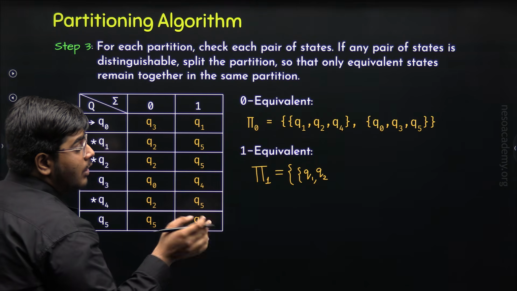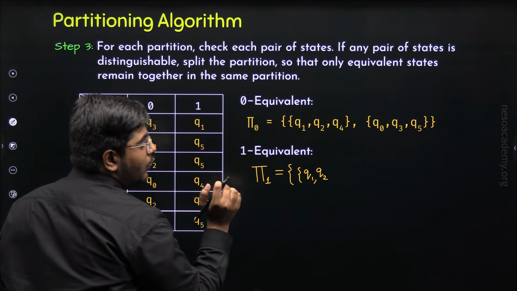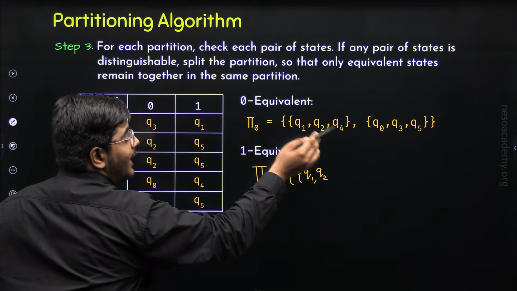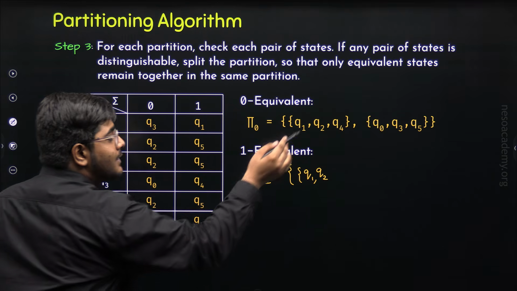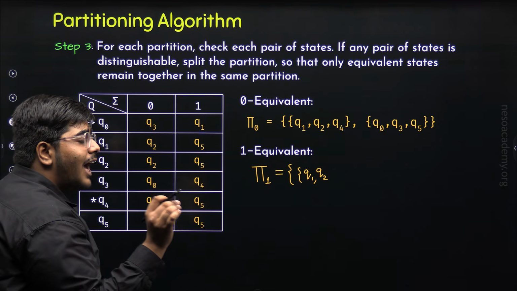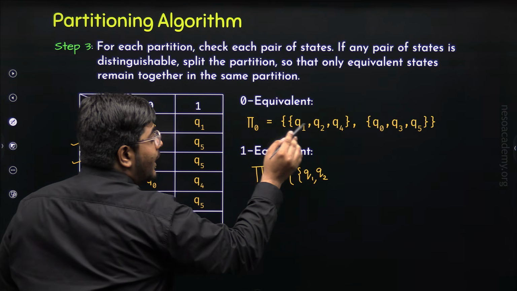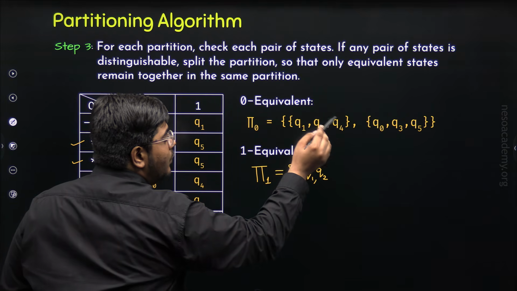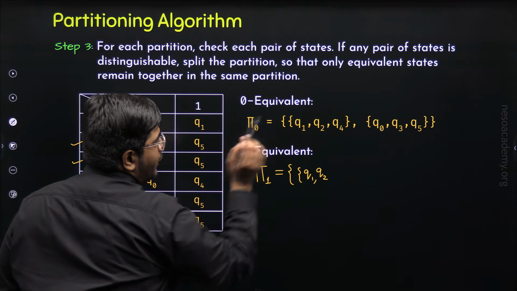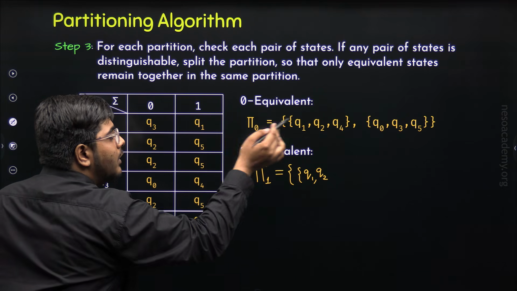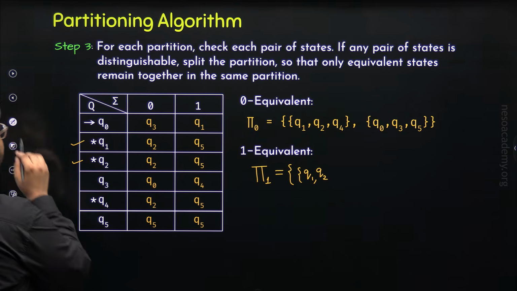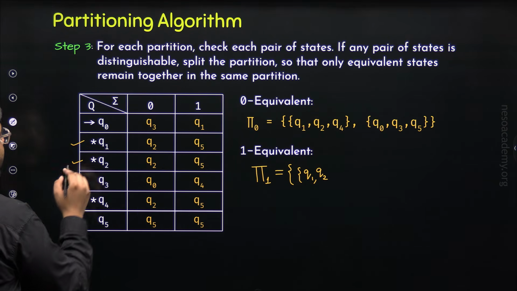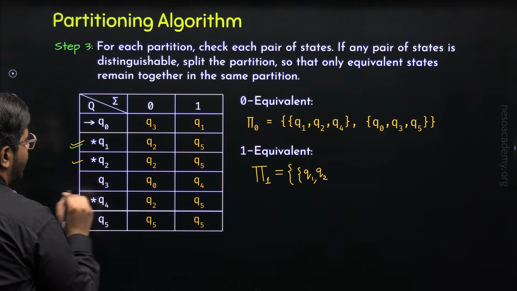Now we need to check for our state Q4. Now Q4 is to be checked with Q1 as well as Q2. But we have just seen that Q1 and Q2 are equivalent to each other. So we can check Q4 with any of Q1 or Q2. Let's check Q4 with Q1. So this time we are taking the two states Q1 and Q4.